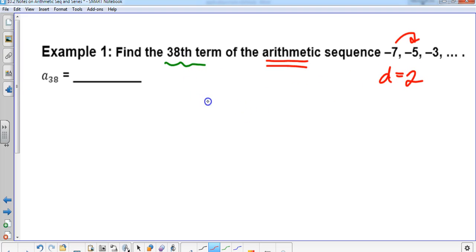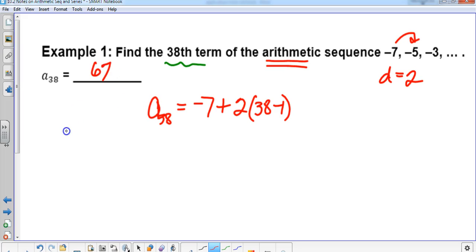So how do we find the 38th term? 38 minus 1, right? So 2 times 37 added to negative 7. 37, 74, what is it, 67? Everybody okay with that?